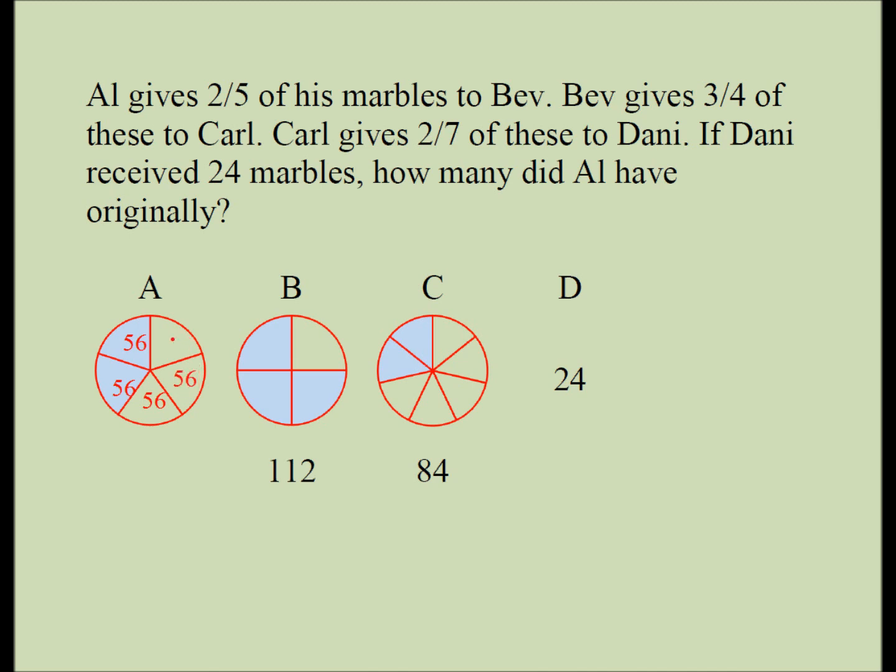Almost there. So Al had 56 times 5, which turns out to be 280 marbles. Al must have had 280 marbles. So we can write it here if you want. 280. That has to be my answer, 280.